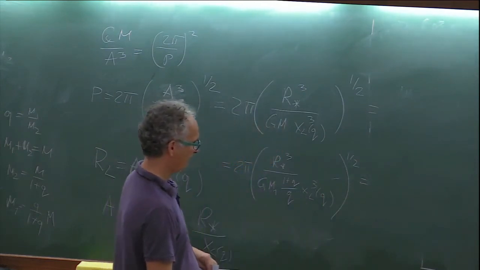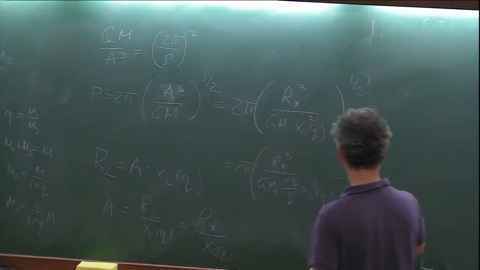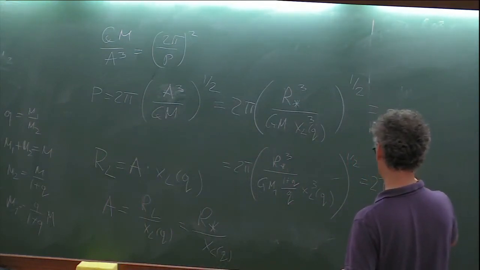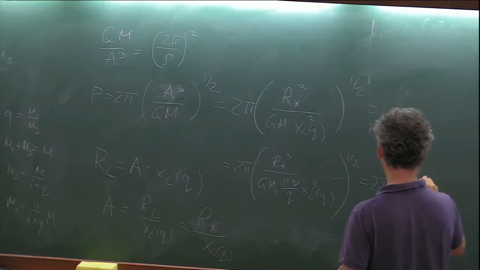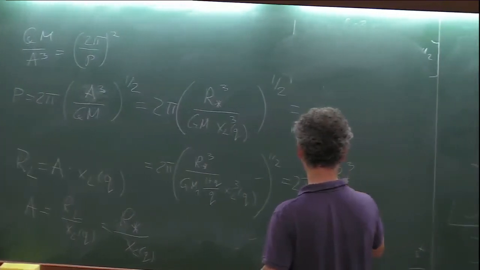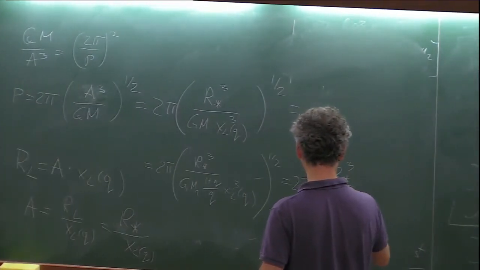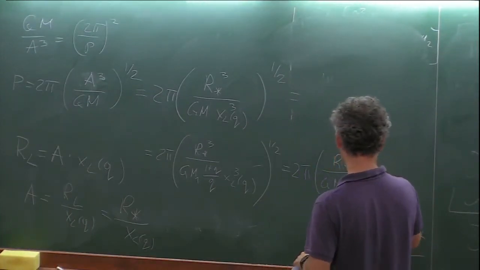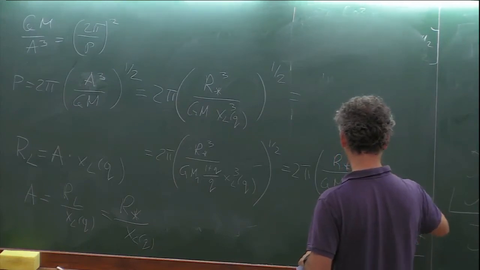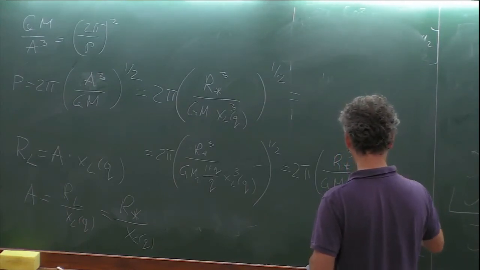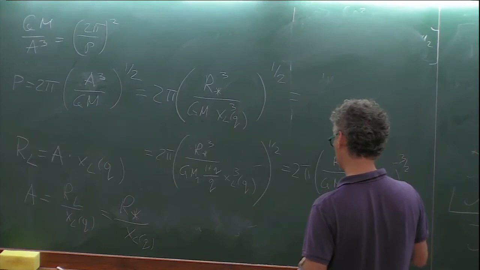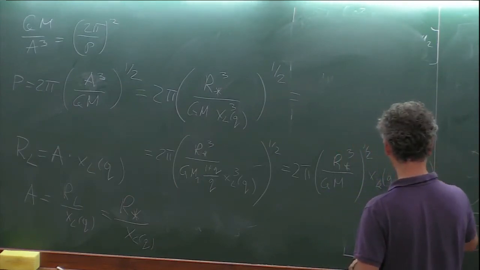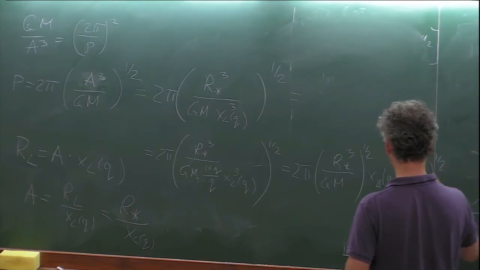Okay, so we have 2 pi, and we have the following: R star cube over G M1 to the 1/2 times XL of Q to the minus 3/2, and then we have Q over 1 plus Q to 1/2.